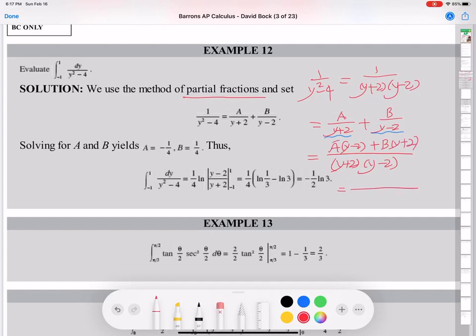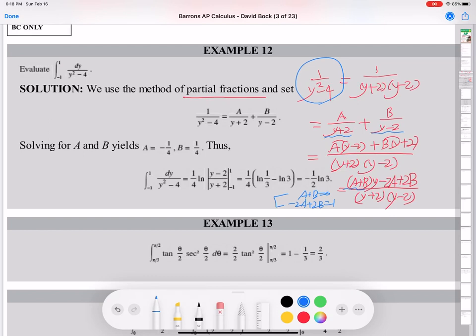Simplify the numerator. It is ay and then by, so it's a plus b times y, and then negative 2a plus 2b, all over y plus 2 times y minus 2. That should be exactly equal to the original form, 1 over y squared minus 4. That means a plus b should be 0, and then negative 2a plus 2b should be 1.